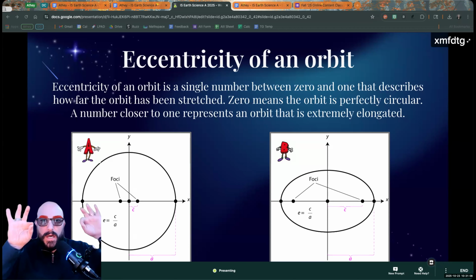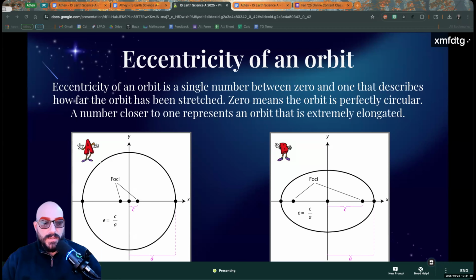As you can see here, we've got those two dots. Those are the foci. The foci is plural of focus, right? The closer to zero that ratio is, the more circular it is. The closer to one that ratio is, the more elliptical.